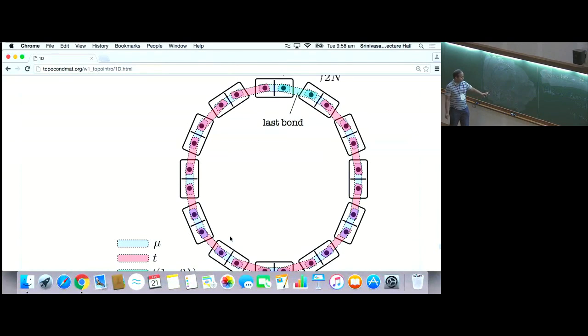Okay? So in particular, k equals 0 is the fermion parity with periodic boundary conditions, because k equals 0 just means periodic boundary conditions.